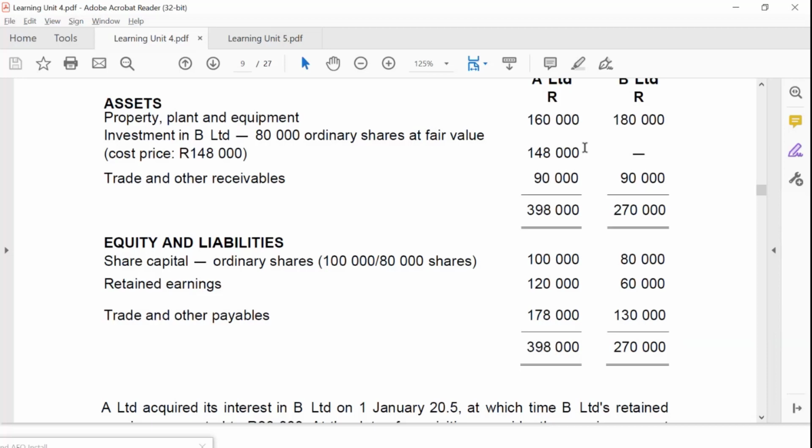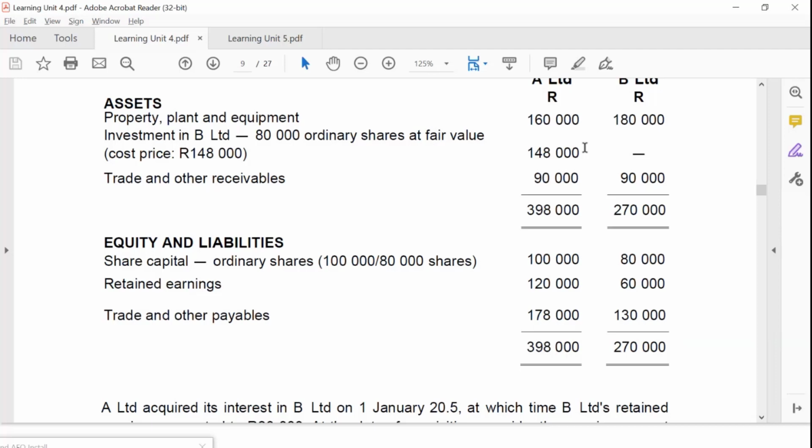So they will debit bank 148,000, right? What did they have to give up to get that cash? They gave up their shares and they gave up their retained earnings, which is the net asset value of the company. So the subsidiary will say debit bank 148,000, credit share capital, because they gave up share capital.